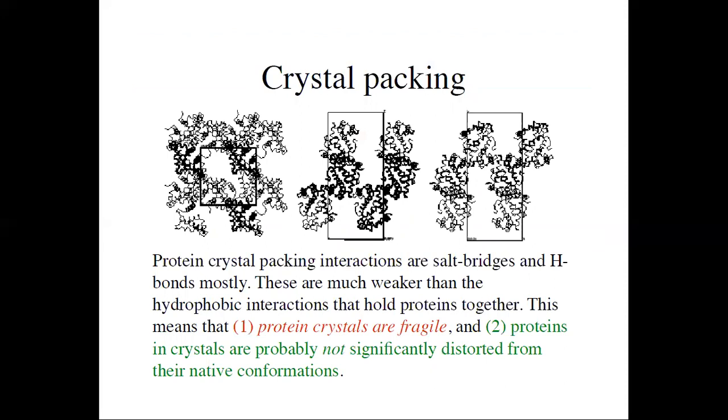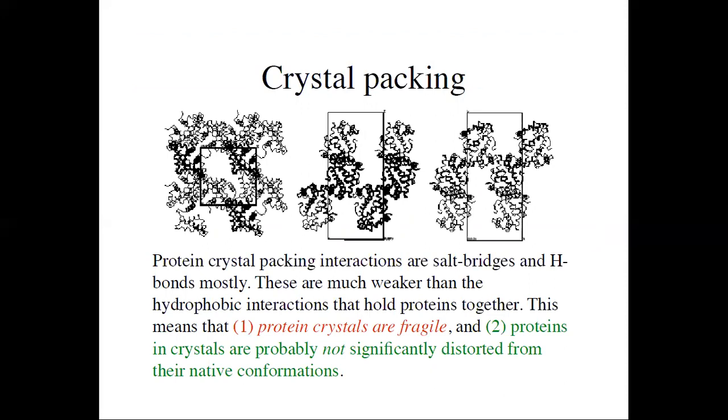Another topic is called crystal packing, in which the protein crystal packing interactions, salt bridges and H bonds mostly, are much weaker than the hydrophobic interactions that hold proteins together.